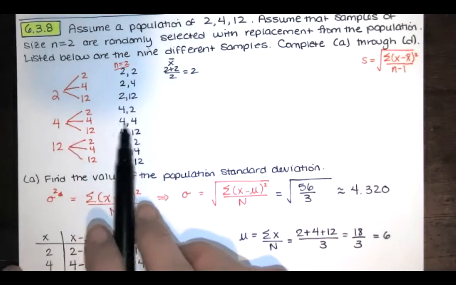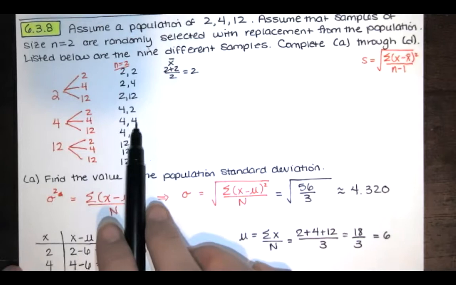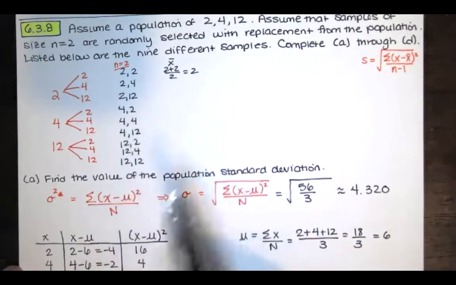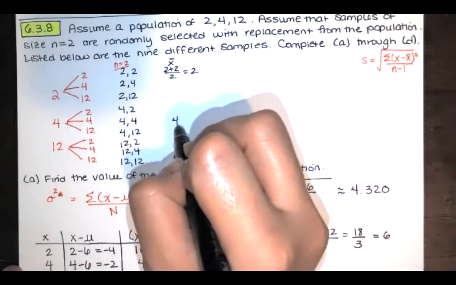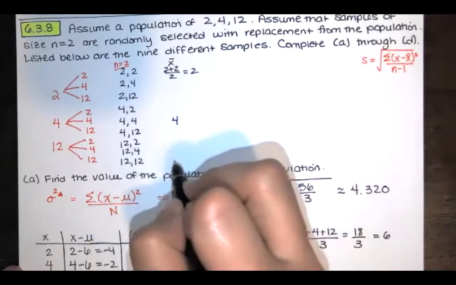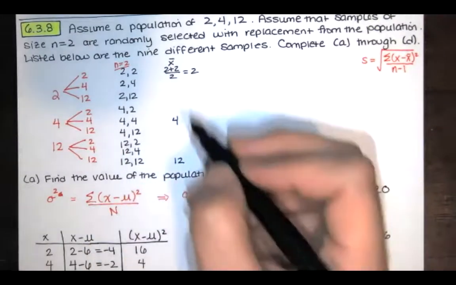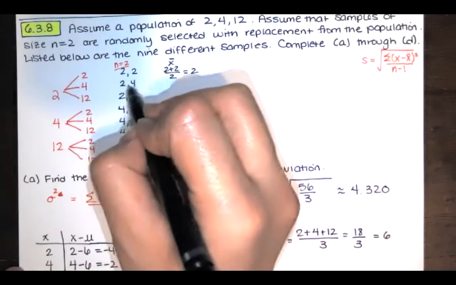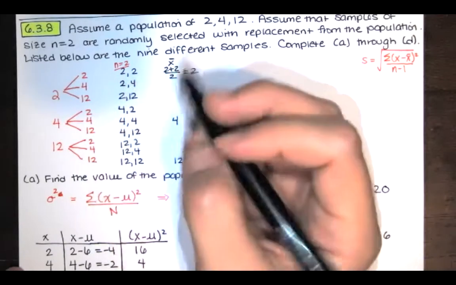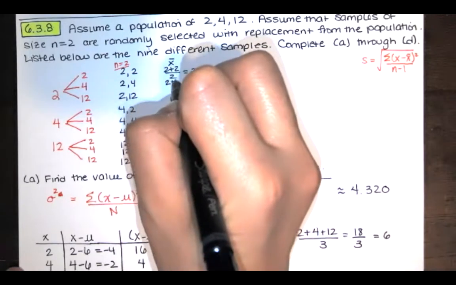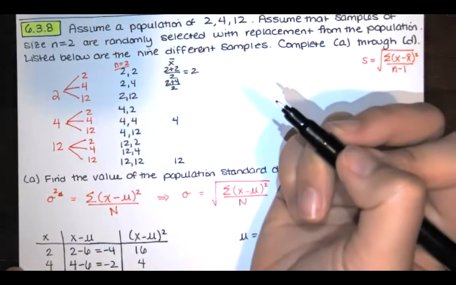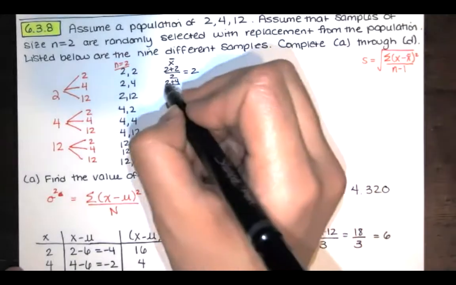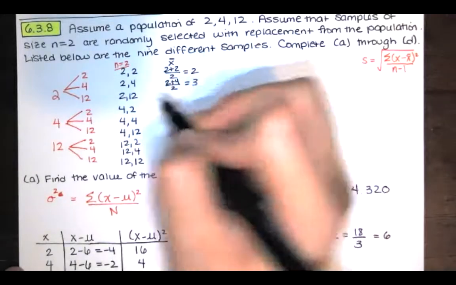So the same is going to be true over here. The average of 4 with 4 is going to be 4. 4 plus 4 divided by 2 is 4. 12 plus 12 divided by 2 is 12. The others are not the same value. So if I'm trying to find the average of 2 and 4, and I know Mr. Triola would not like that I call it the average, I just add them together and I divide by 2. So I have 6 divided by 2, which is 3.